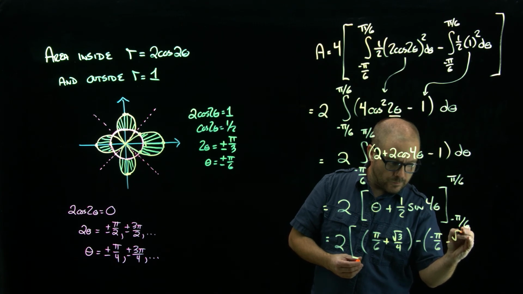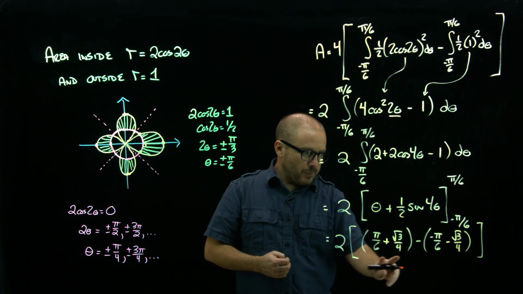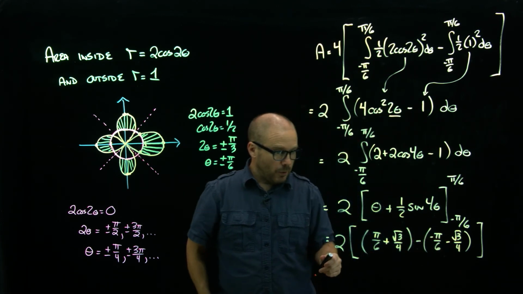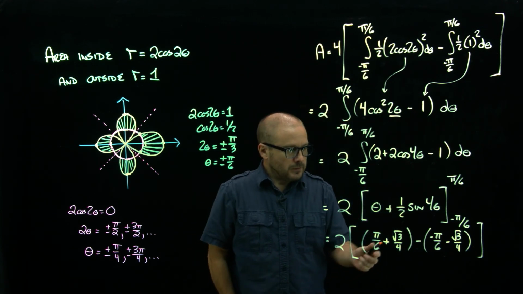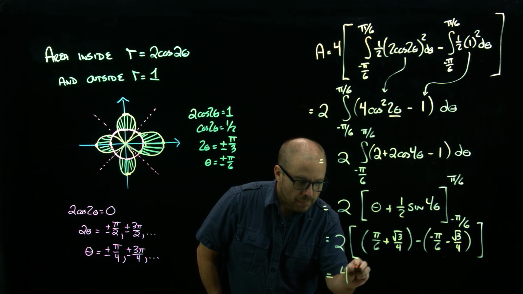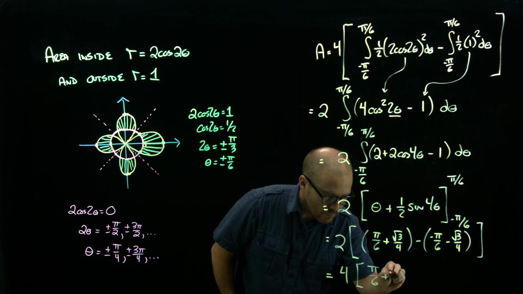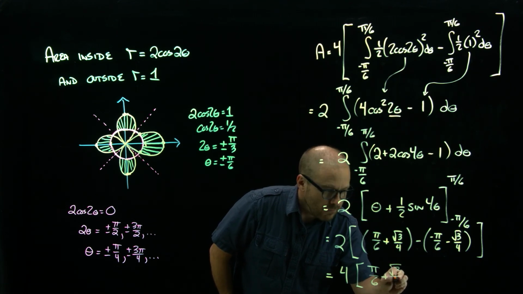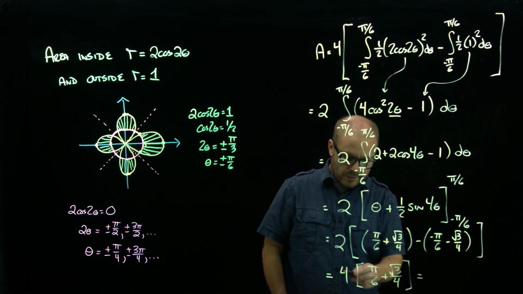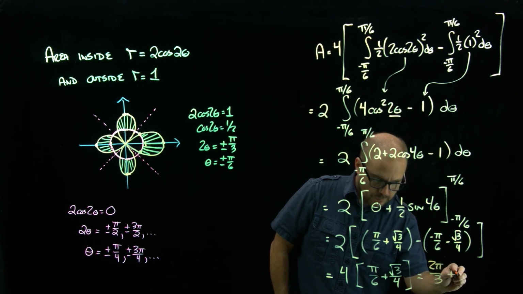So negative square root of 3 over 4. These are the opposite of these, but it's subtraction, so it ends up reinforcing. Those all end up double what they were. So double what they were, but it was already double, so 4 times pi over 6 plus square root of 3 over 4. And we could bring the 4 through if we wanted, so that's 2 pi over 3 plus square root of 3.